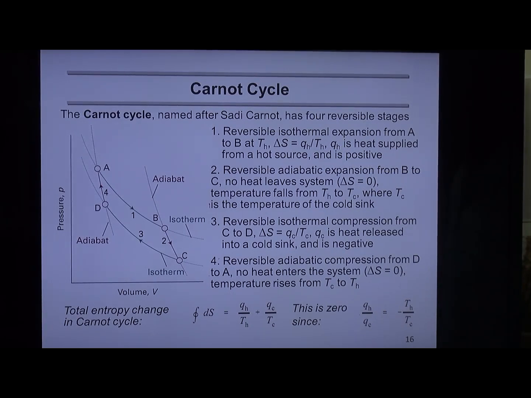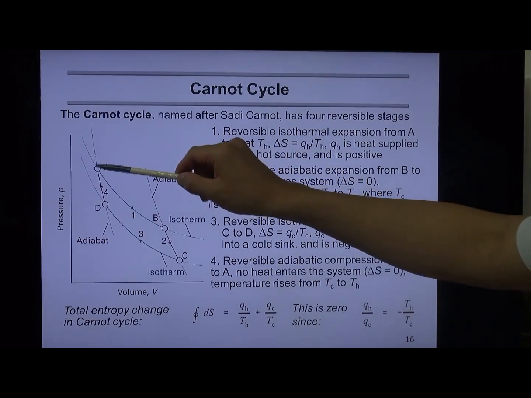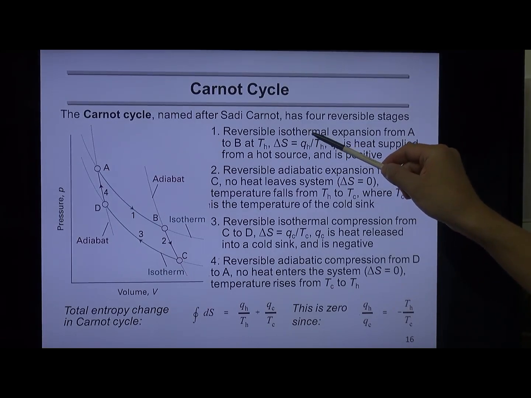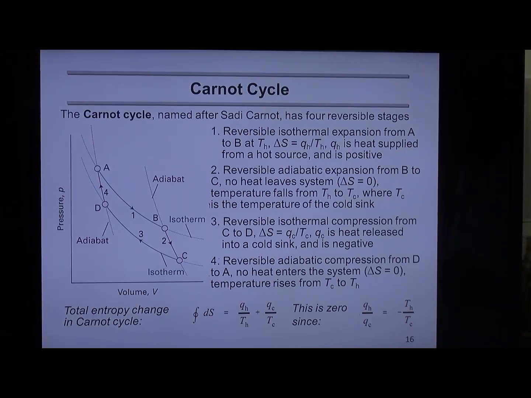Since this is isothermal reversible expansion, you remember that for a perfect gas, for an isothermal process, delta T is 0, which means that delta U is 0, and delta U is equal to Q plus W. Okay?